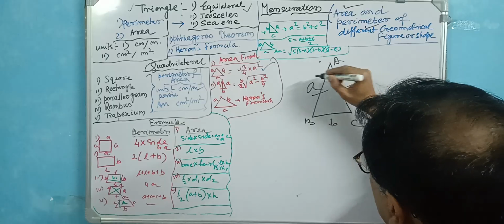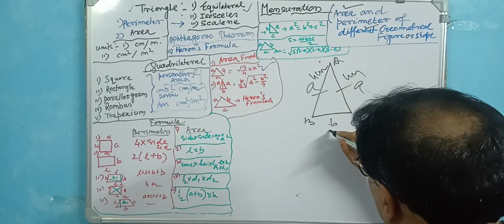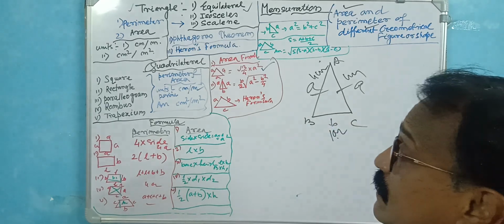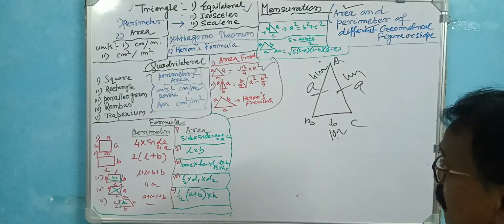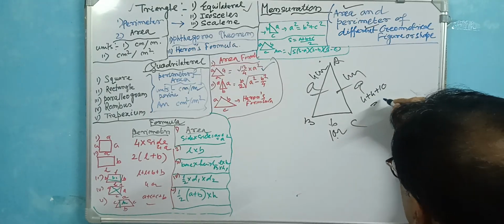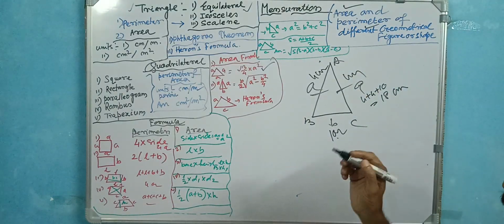That means this side is equal to this side. This is 4 centimeter, this is 4 centimeter. Suppose this is 10 centimeter. So these are the equal sides of 4, and this base is 10. The perimeter is 4 plus 4 plus 10, that is 18 centimeter. If this is meter, then meter. But what is the area?